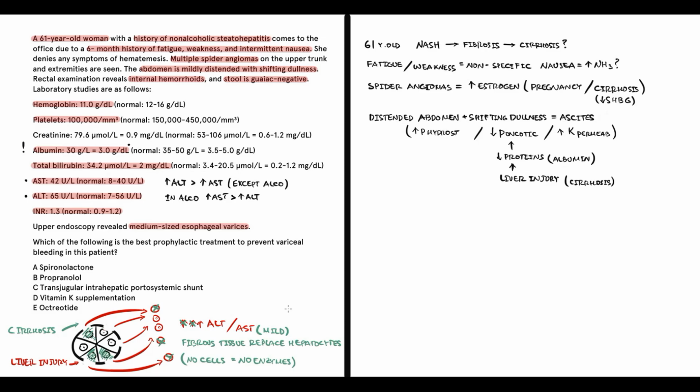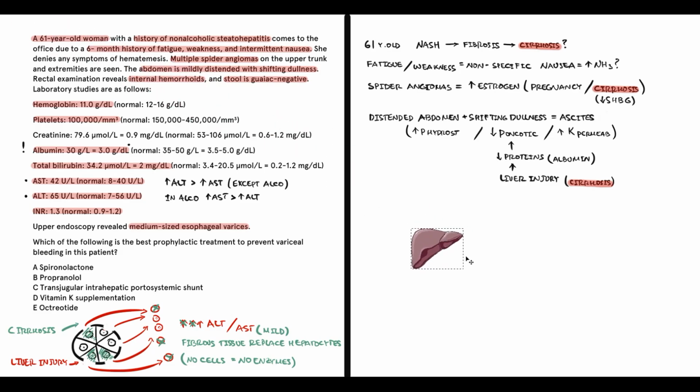So in case of cirrhosis, no cells, no enzymes. So most probably it's exactly the reason why this patient has a mild elevation of liver enzymes, despite severe clinical presentation.